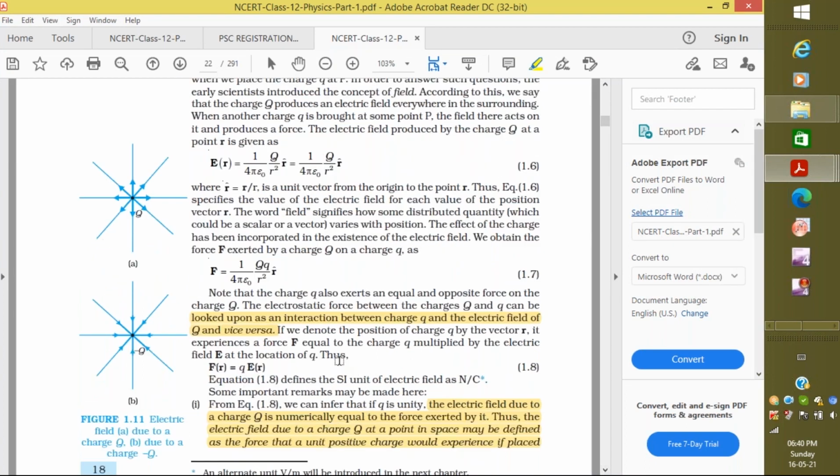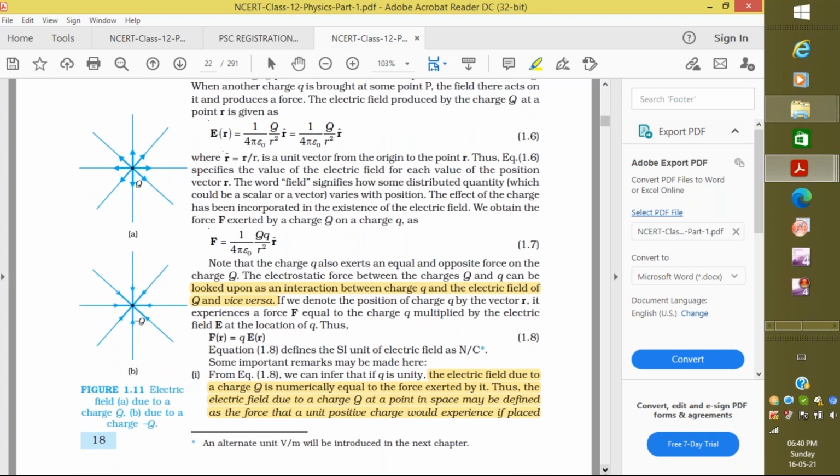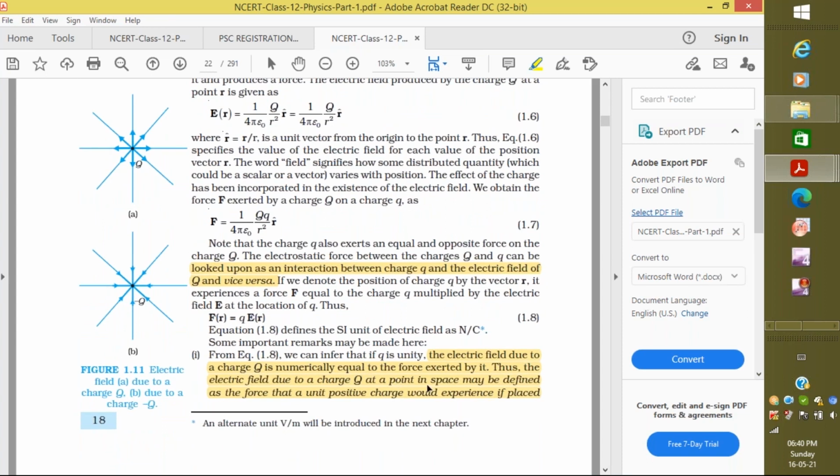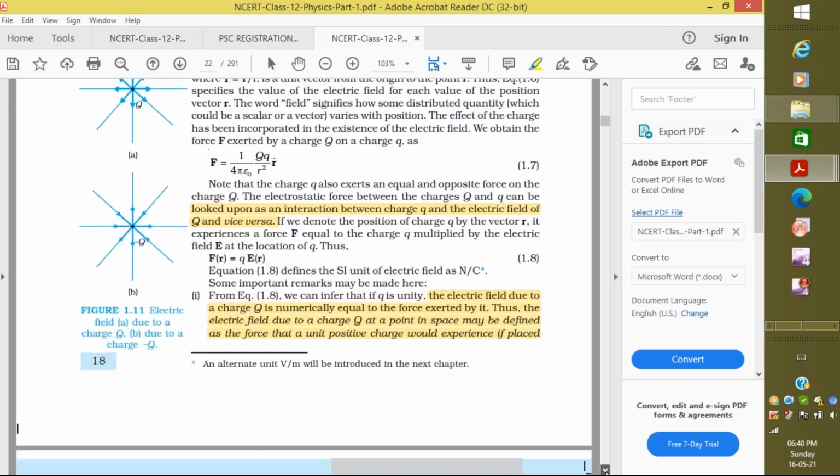The electric field due to a charge q is numerically equal to the force exerted by it. Thus, the electric field due to a charge capital Q at any point in space may be defined as the force that a unit positive charge experiences. Obviously, the test charge will always be a unit positive charge, small q.